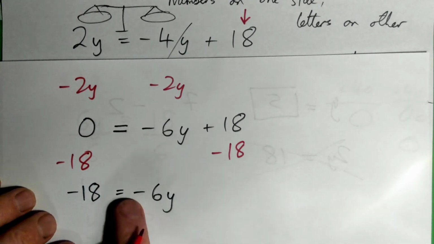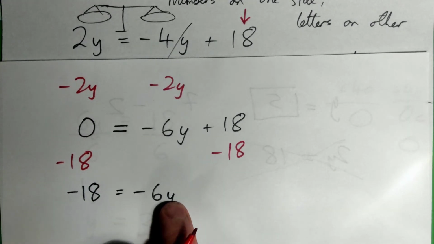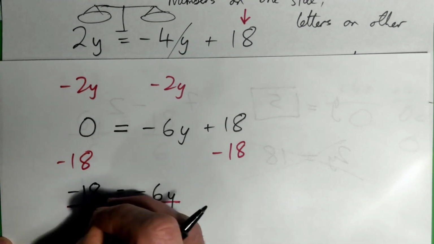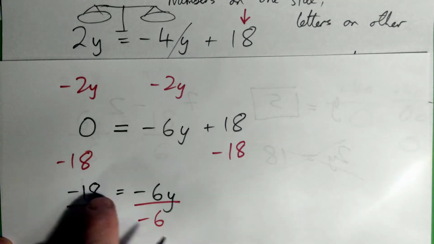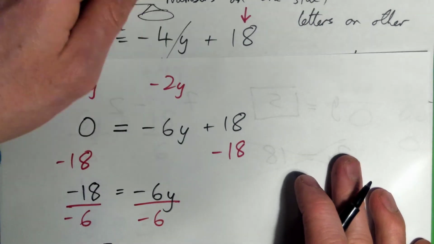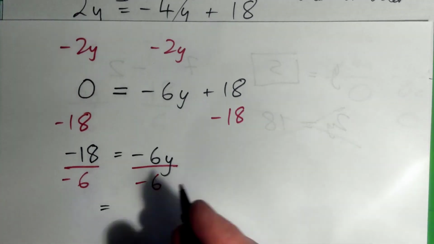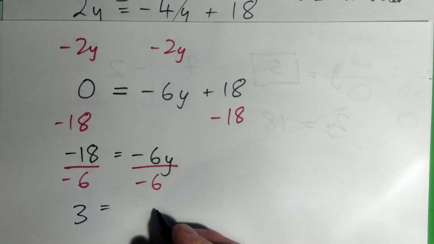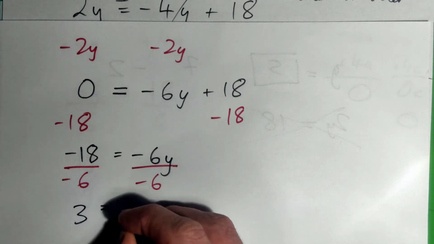How would you get y on its own here? Divide by negative 6, and you divide that side by negative 6. What's negative 18 over negative 6? Positive 3, correct. And on this side, it's negative 6y over negative 6, which makes not 0, which makes y.